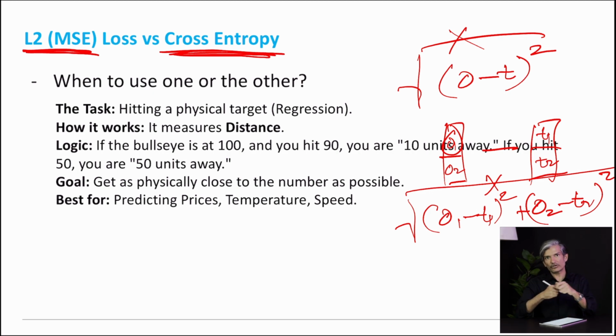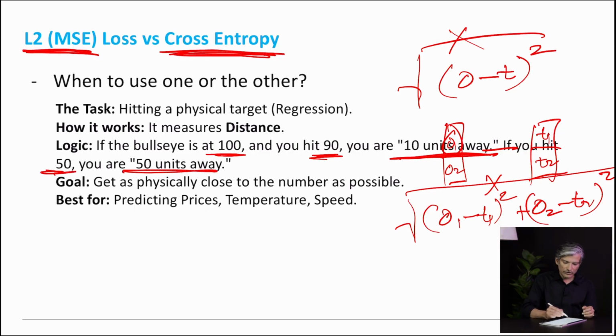It measures the distance because it's the L2 distance. When we really want to hit a point, that is when we use L2 loss. And the logic is, if you aim for the bullseye at 100 but you're at 90, you're still 10 units away. And if you hit 50, then you're 50 units away. So there is a physical notion to this distance.